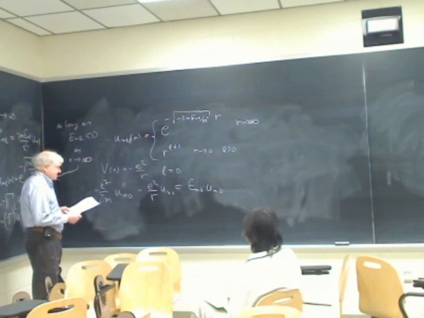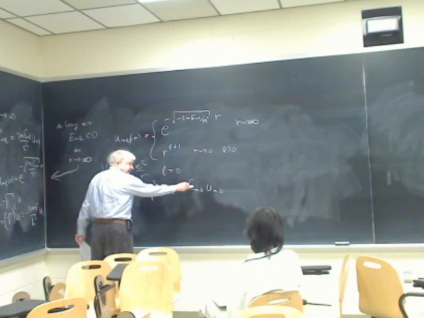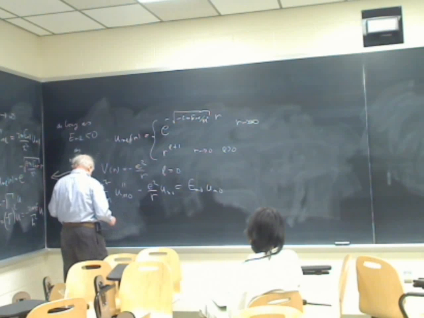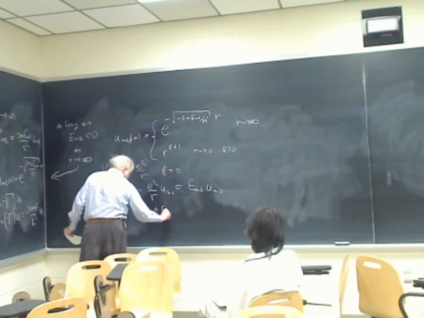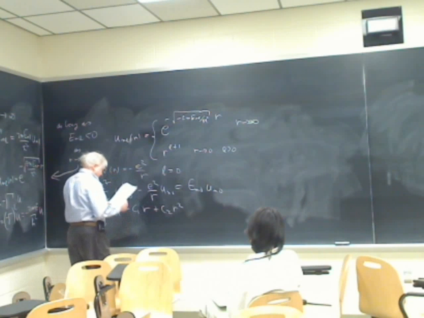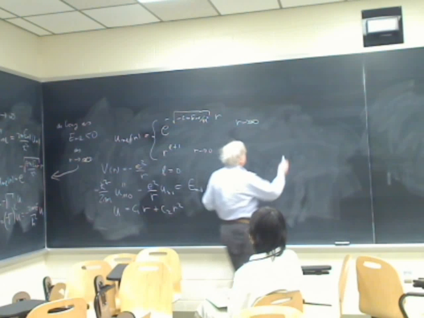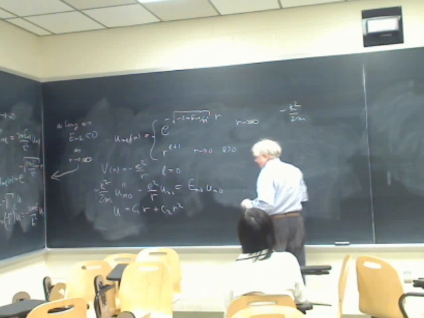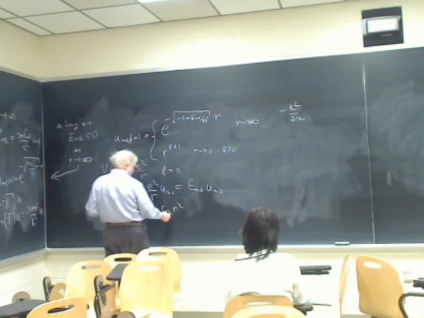All right. So, what does this look like near r equals 0? Well, near r equals 0, we can forget this term. We just have the equation. So what we do is we say, let u equal c1 r plus c2 r squared. And then the equation becomes minus h bar squared over 2m times the second derivative, which is just 2 c2.